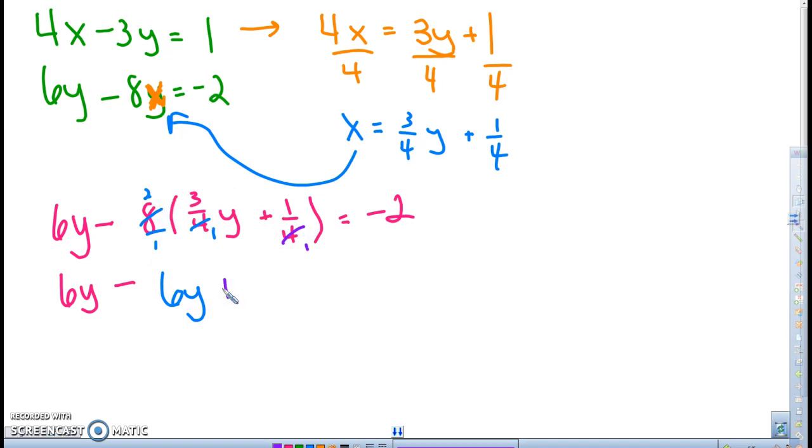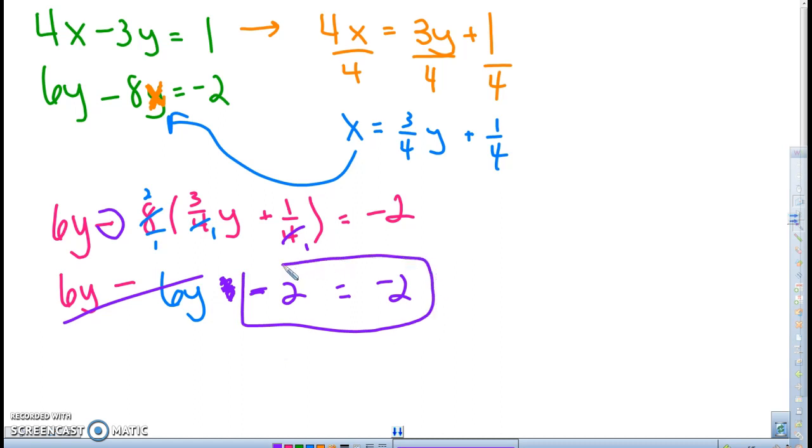That still is a 2. But it's a -8, which is why it's going to be a -2 equals -2. So when I combine like terms, 6y minus 6y, again, that cancels out and I get 0. And I'm left with -2 equals -2, which would give me infinitely many solutions.